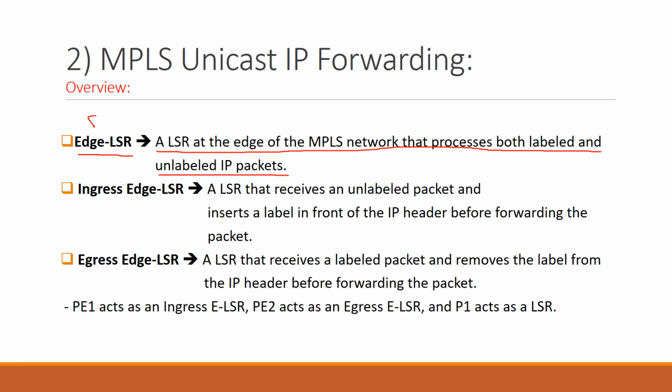This is something like provider edge, but more details will come next. This edge label switch router has two types: Ingress edge label switch router and Egress edge label switch router. The Ingress edge label switch router is a label switch router that receives unlabeled packets.